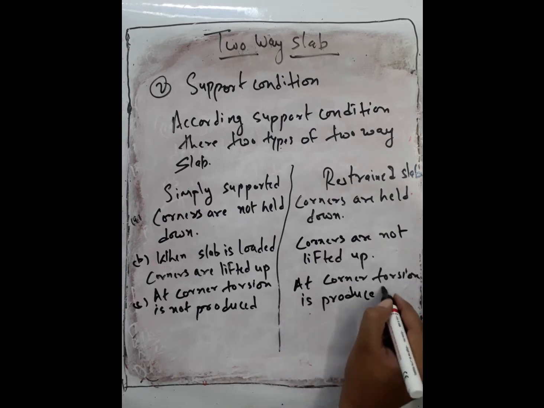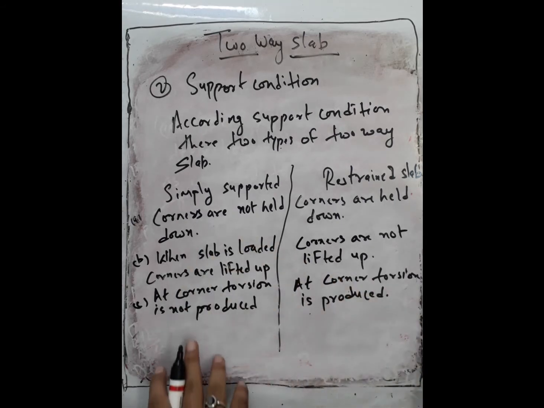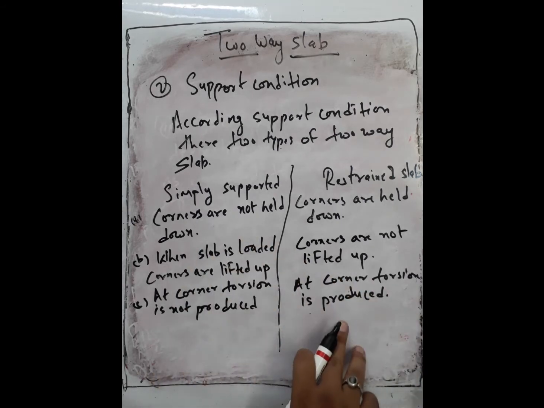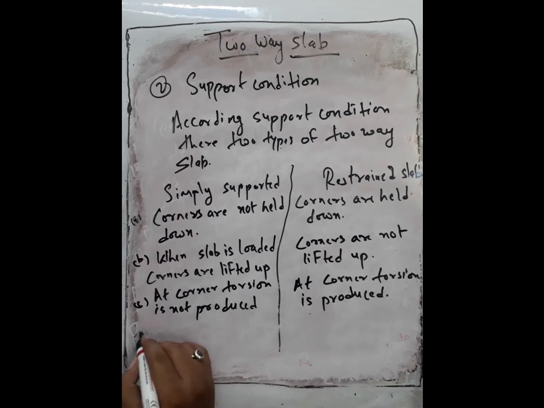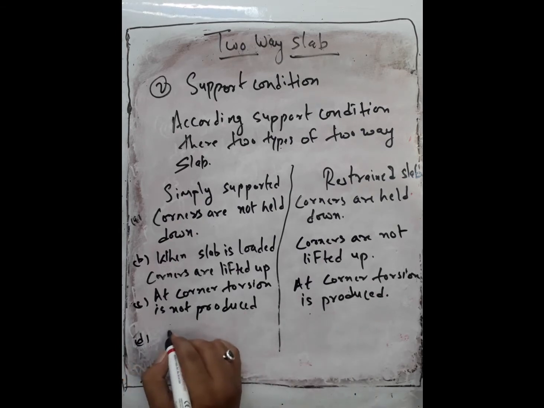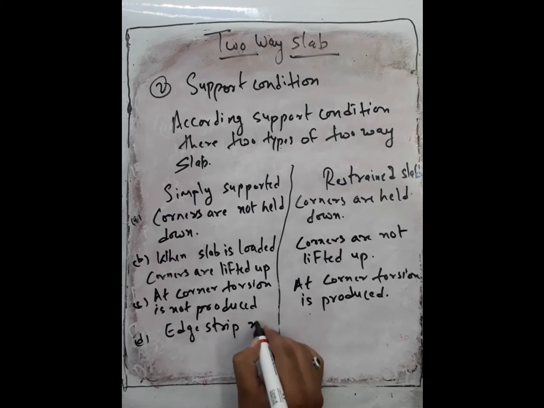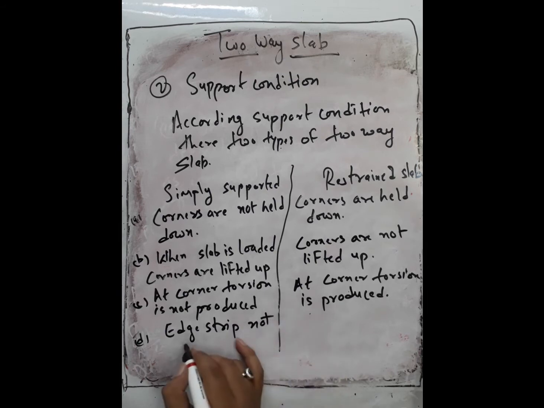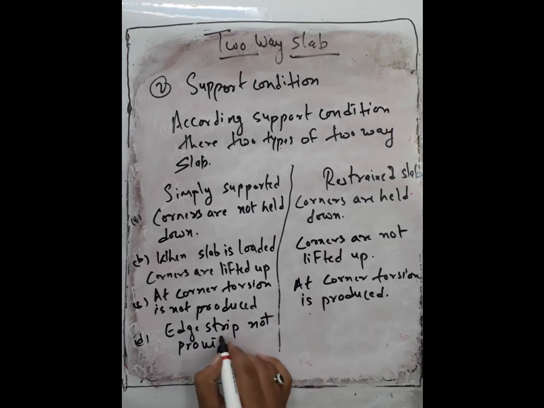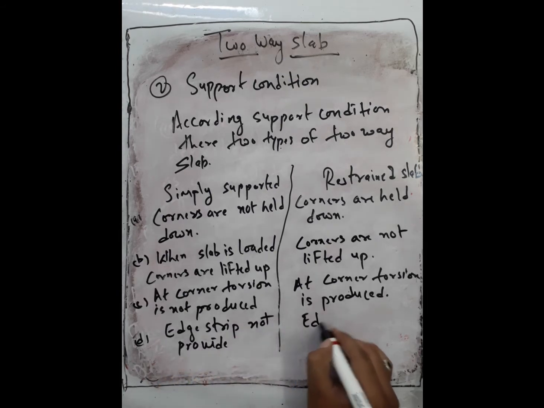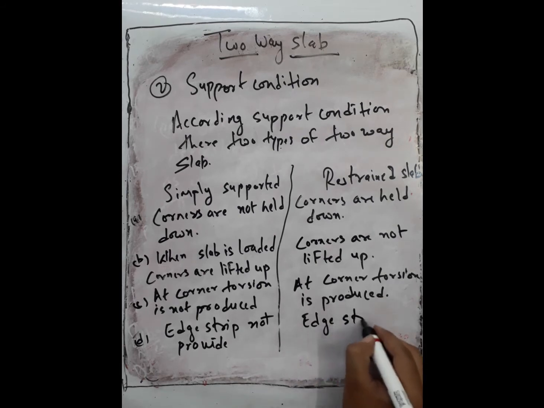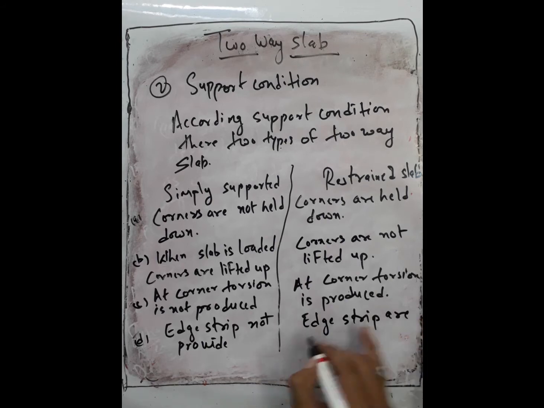Means in simply supported case, torsion reinforcement is not required, but in restrained slab, torsion reinforcement is required. D point, edge strip not provided. And here edge strip is provided.